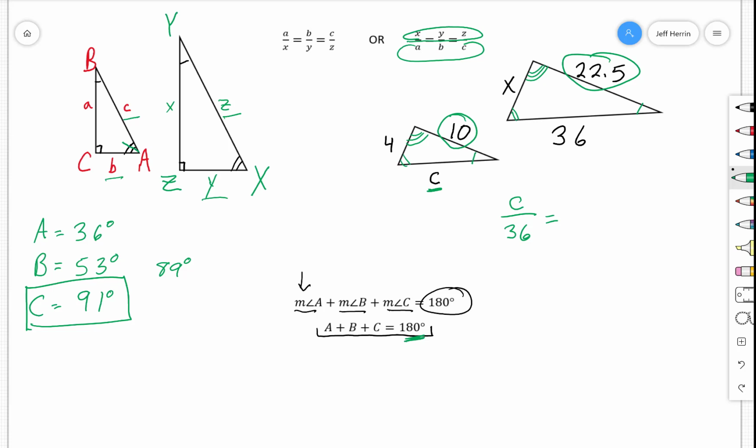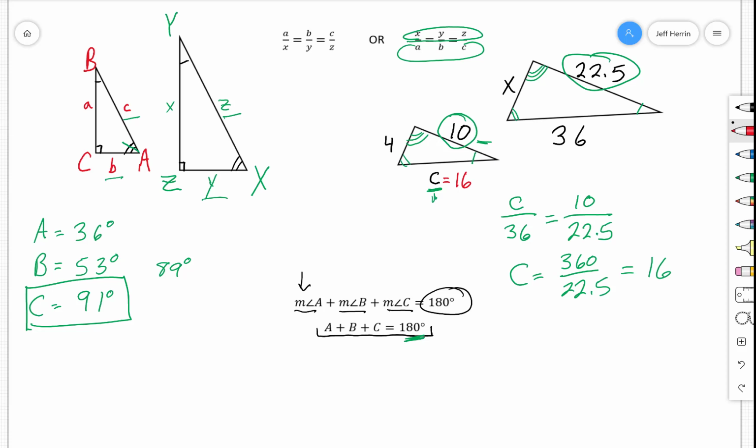Since I've got C in the top, I'm going to put the 10 in the top. And since I've got the 36 in the bottom, I'm going to put the 22.5 in the bottom. If I multiply both sides by 36, I get C equals 360 divided by 22.5, which is 16. So we have just calculated that on this triangle, C would be 16.